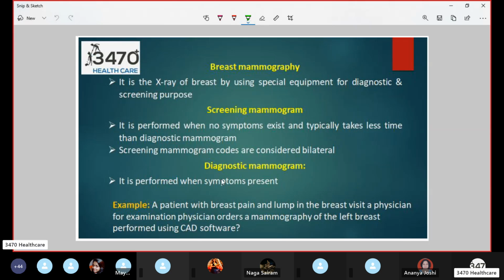So diagnostic we have unilateral and bilateral, 77065 and 66. Screening 77067. Okay, so please read the notes, and I have given one question. Please find the answer for that.